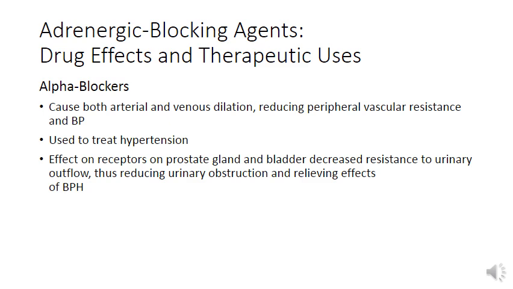Other alpha blockers can cause vasodilation like prazosin, doxazosin, terazosin, tamsulosin. They are used as hypotensive agents in hypertensive patients, and also for treatment of benign prostatic hyperplasia as medical treatment to prevent the risk of surgery for these old people.